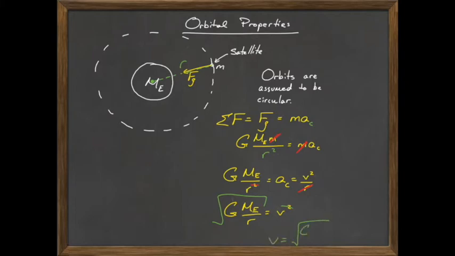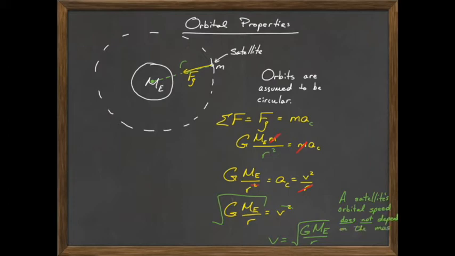We're left with this expression: v equals the square root of the gravitational constant times the mass of the Earth divided by our orbital distance. This expression represents what we call the orbital speed of a satellite.